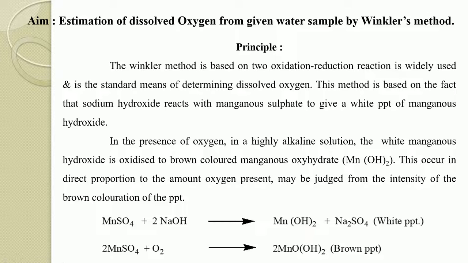This occurs in direct proportion to the amount of oxygen present in that particular sample, and that may be judged from the intensity of the brown colored precipitate which is formed. So initially the reaction is as follows: MnSO4 plus 2NaOH is going to convert into manganese hydroxide.